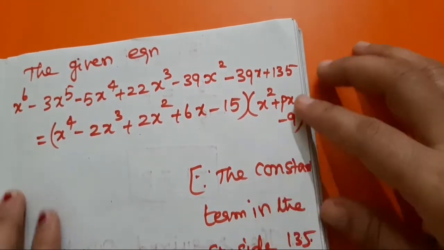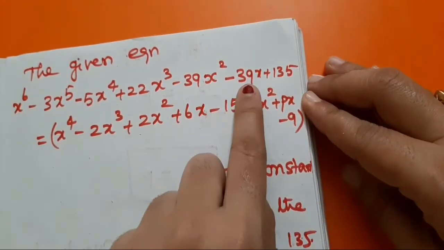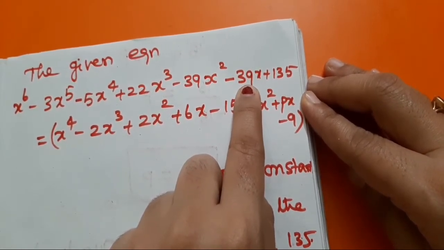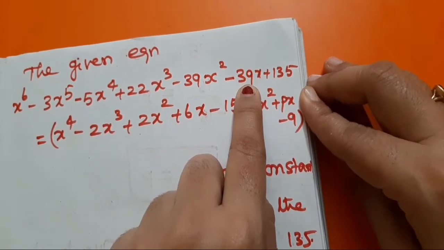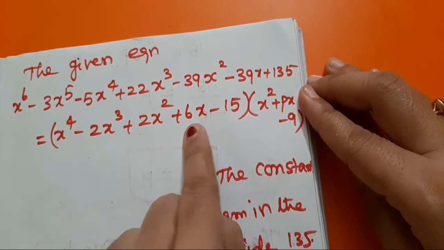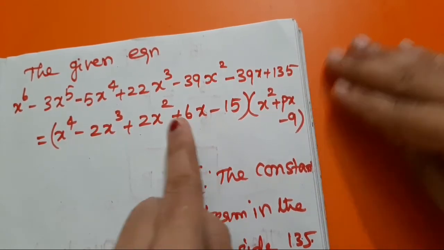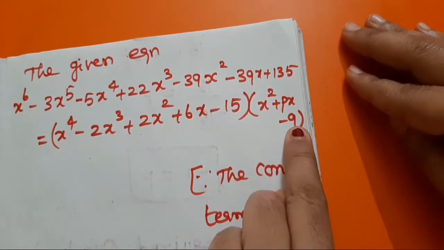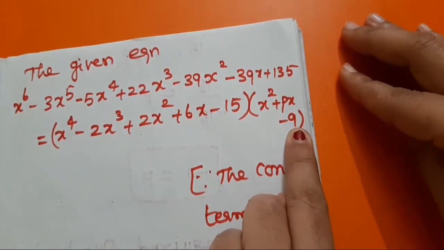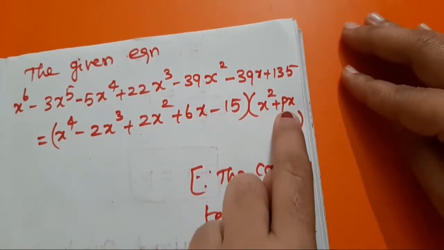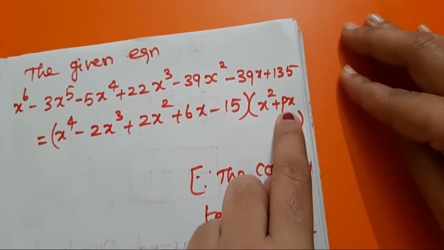So what is the x coefficient in the left hand side? Minus 39. So now I want to find out the x coefficient in the right hand side. How can I get it? Multiplying the x term with the constant term, I can get the x coefficient. Multiplying this constant term with this x term, I will get the x coefficient.